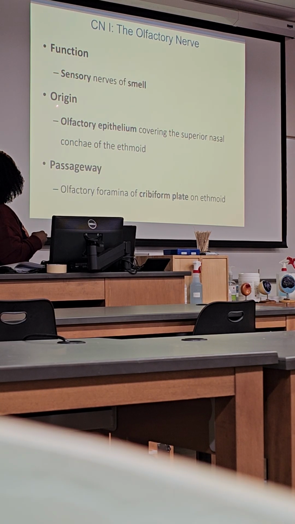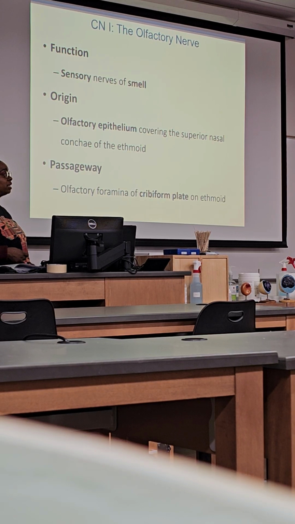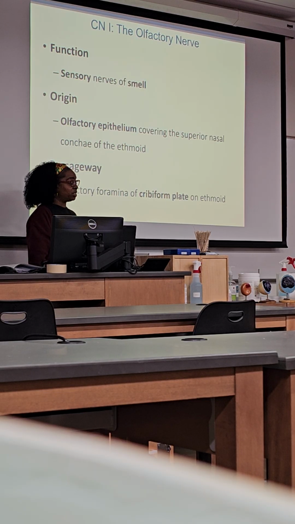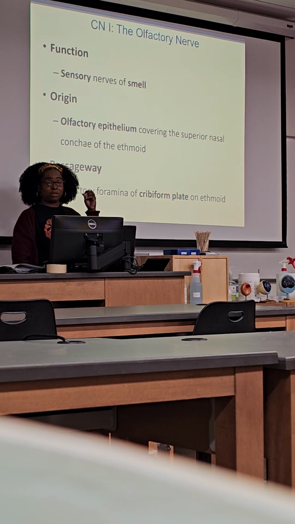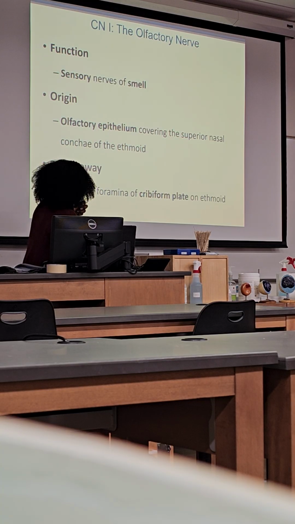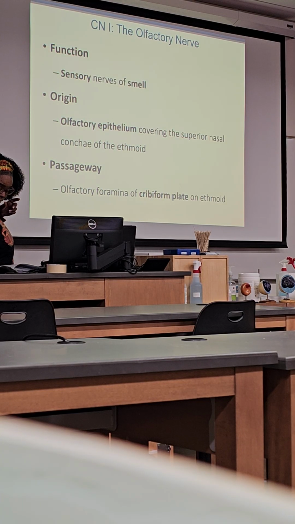So the origin for the olfactory nerve is going to be at the olfactory epithelium that lines the superior nasal concha of the ethmoid. You remember that? So we haven't learned all those things for nothing. Now we're gonna draw back on all those places that we've learned, the foramina, because these cranial nerves are traveling through them, so we have to recall this information about the bones of the skull that we learned.